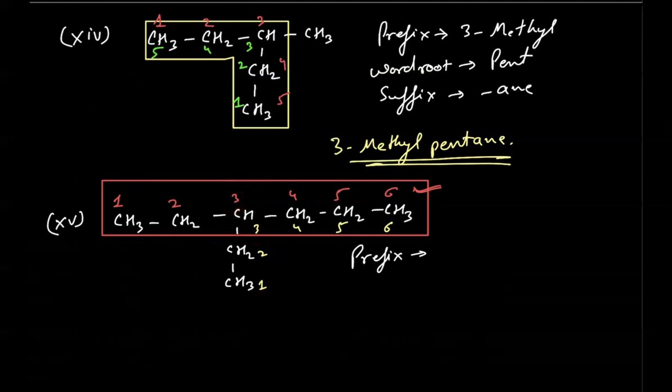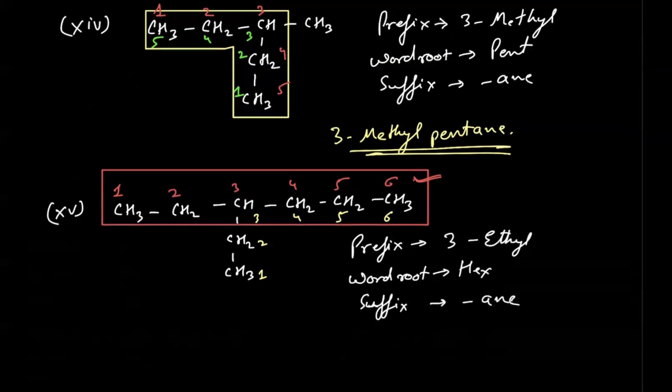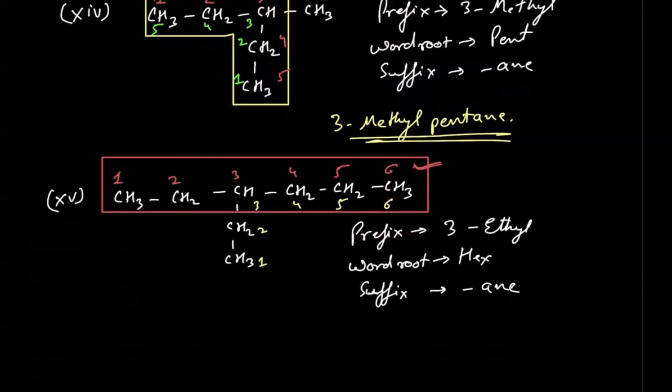So the prefix is 3 ethyl. The word root, because there are 6 carbon atoms, is hex, and the suffix, because of the absence of any double or triple bond, is ane. When you connect the three things, the name that you get is 3 ethyl hexane, and that is the name for this hydrocarbon.